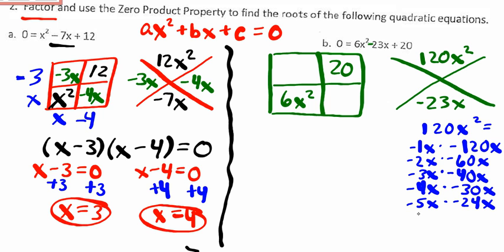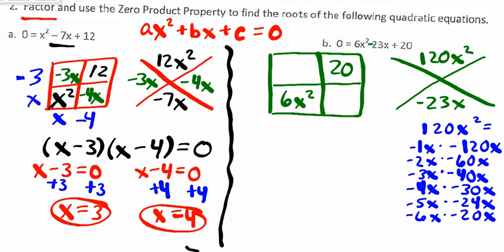So now we can do negative 6x times negative 20x. Well, we're really close. That's at negative 26x, but not quite what we need.